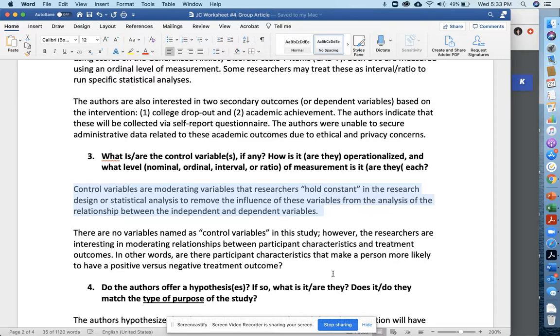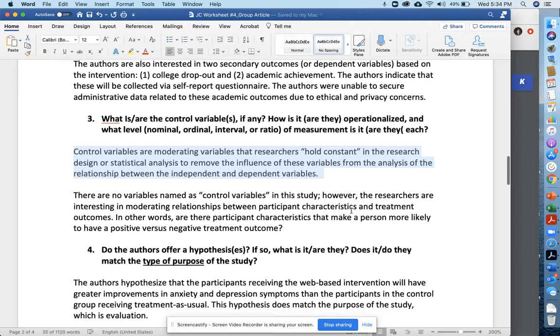And so sometimes in statistical analyses and in our research design, we can control for some of these variables, the extraneous variables, and hold them constant so we can remove their influence. So we can know that it's not because of these things, it's because of the intervention.